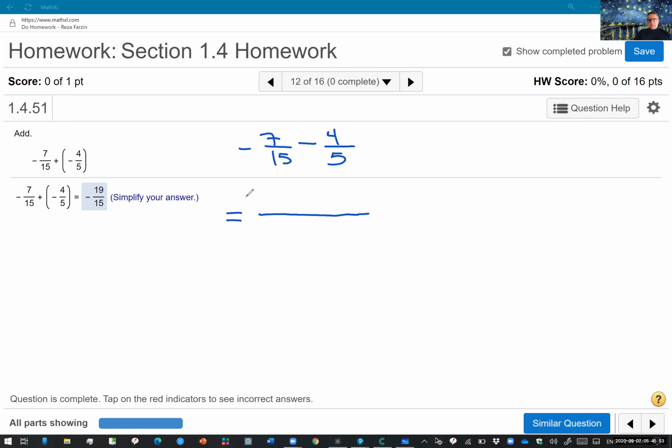So here, we're going to need an LCD. What's the least common multiple of 5 and 15? 15. Exactly. So the first denominator is already 15. We don't have to do anything here. But this one, we have to multiply it by what?